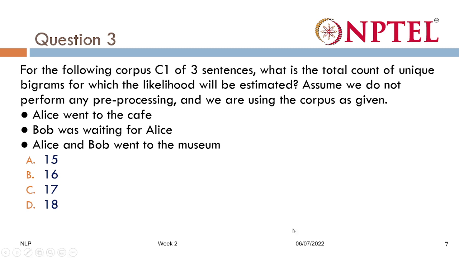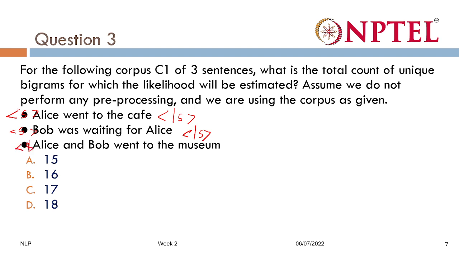And please consider these sentences as being prepended with this start token. So you can consider this as being prepended with the start token and ending with the end of the sentence token. Similarly here, this is the start of the sentence token and this is the end of the sentence token.